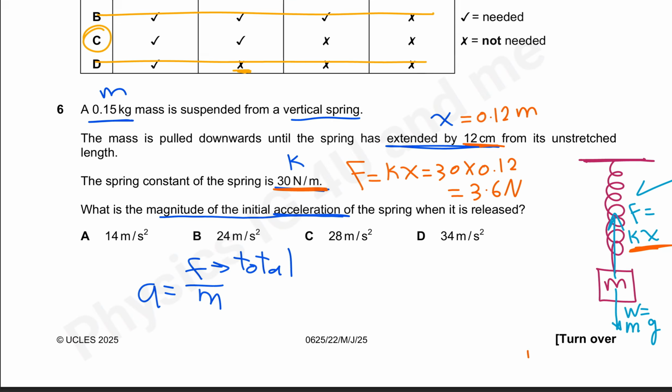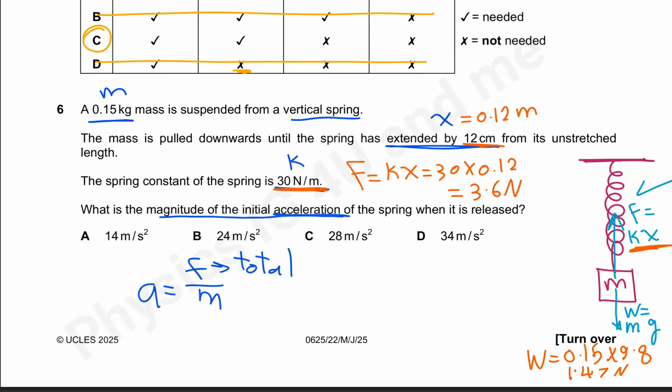Now we need to find the weight. I will find the weight here in this corner. So mass equals 0.15 multiplied by the gravity constant 9.8, which equals 1.47 Newton.